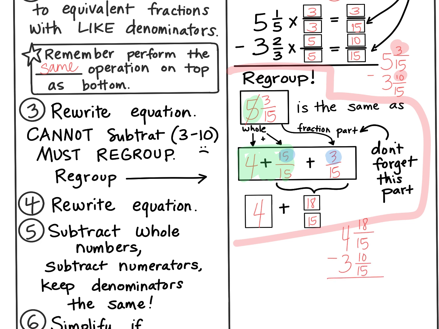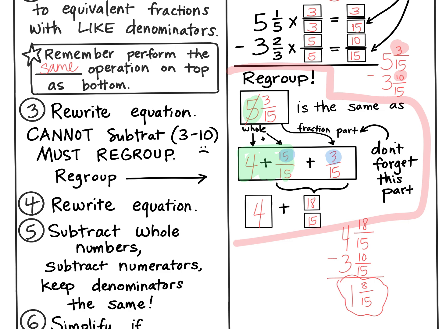And now I can actually solve it. So see how I went from this number here? I have done this whole step of regrouping to create this fraction. So now I can actually subtract my fractions. 18 minus 10 is 8/15, and then my whole number is 4 minus 3 is 1. Okay, so this is my final answer.